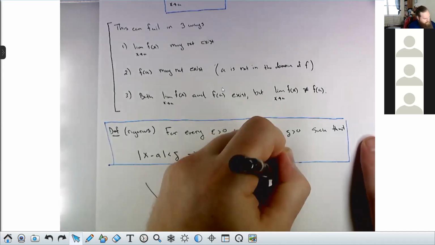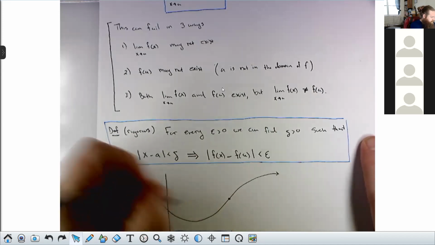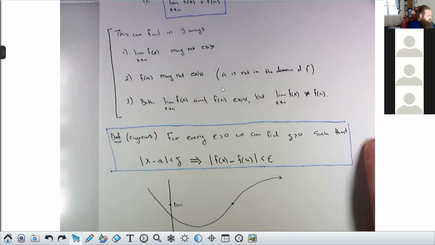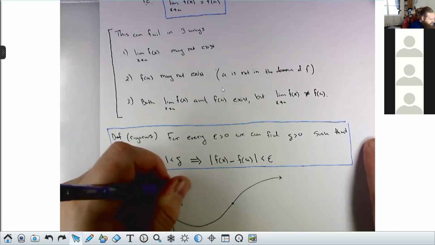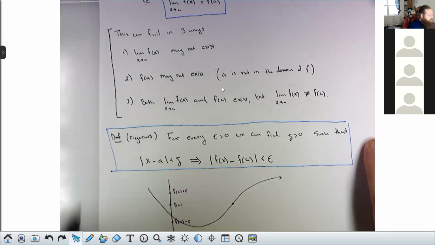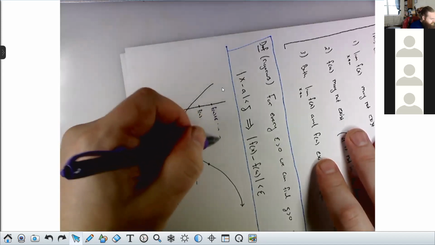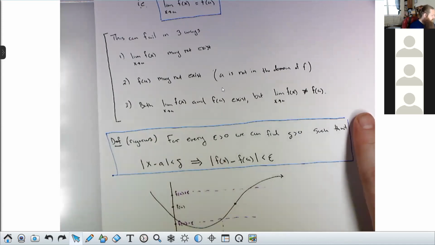I'm saying that if somebody gives me an epsilon window about f of a, we can keep ourselves within that epsilon window by forming a sufficiently tight delta window about a itself.